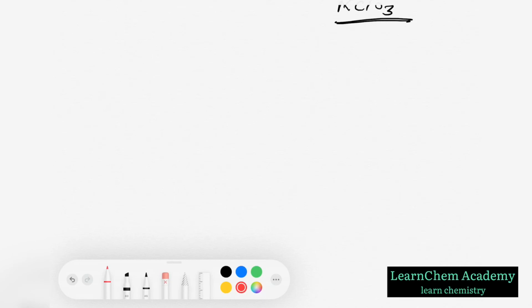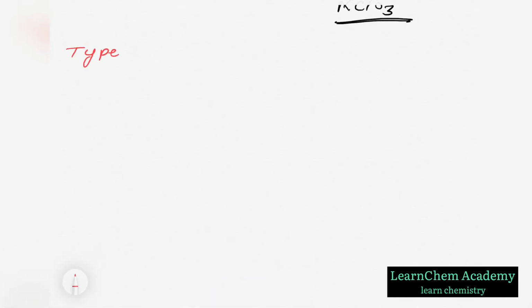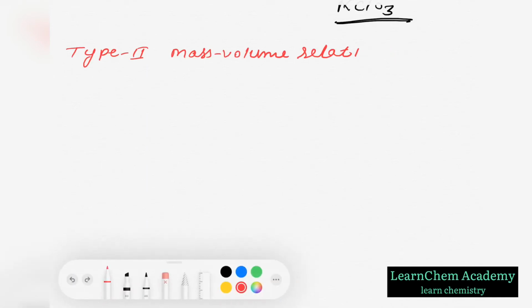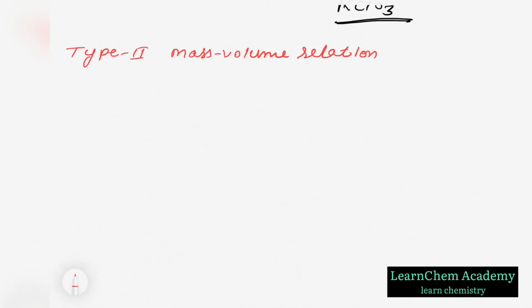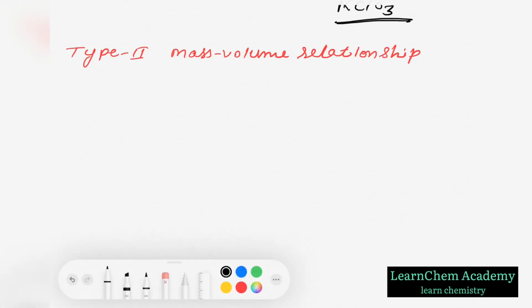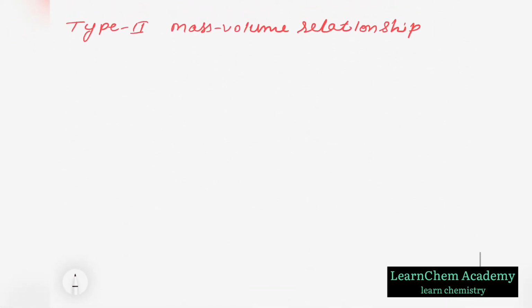Now the next type is the mass volume relationship. So we can write type 2, mass volume relationship. In the case of mass volume relationship, you can write a question.